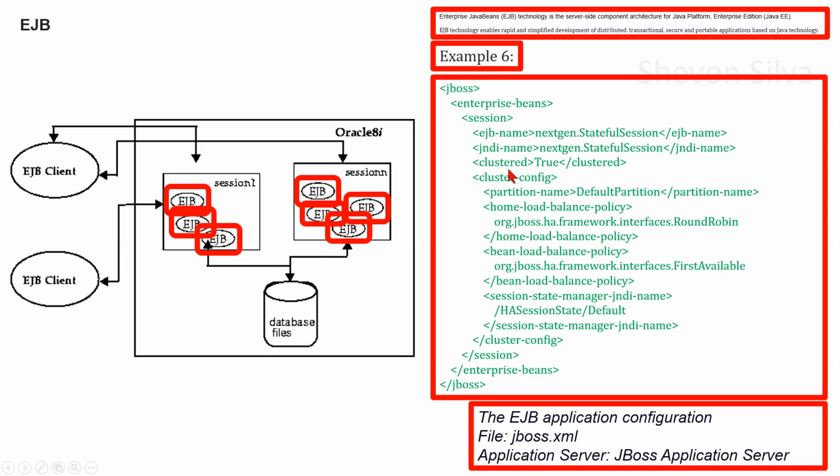The cluster-config element is optional and its default attribute values are indicated in the sample configuration here. The session-state-manager-jndi-name tag is used to give the JNDI name of the HA session state service to be used by this bean.